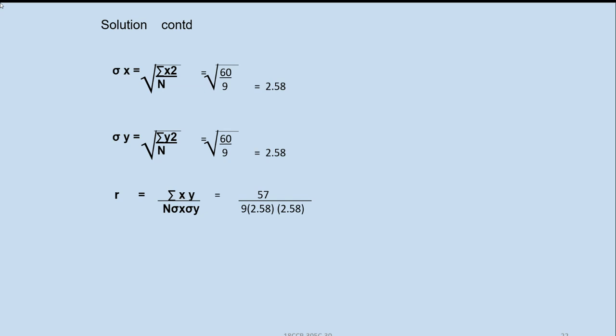So 9 into 2.58 into 2.58 under root is nothing but 3 into 2.58. So 57 divided by 3 into 2.58, that is 57 divided by 7.74.